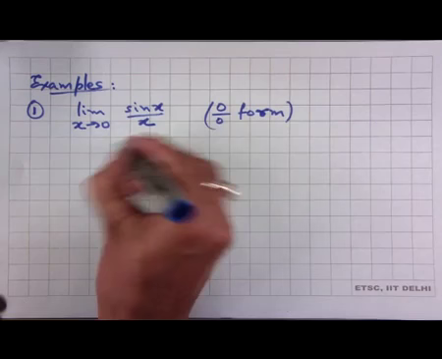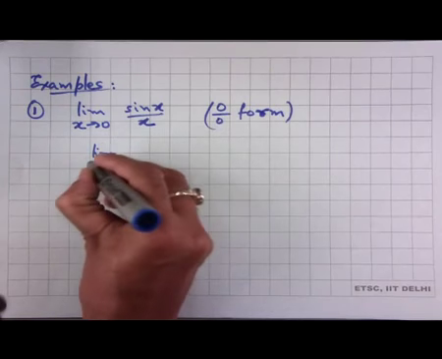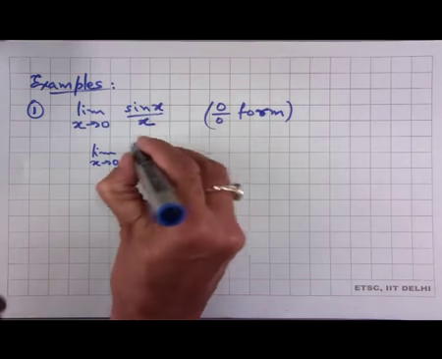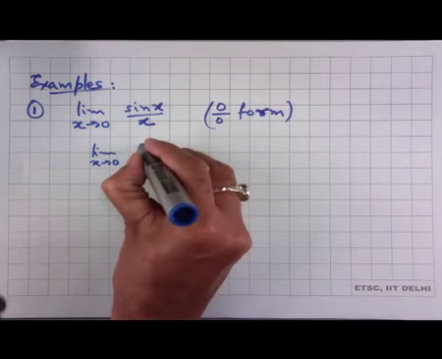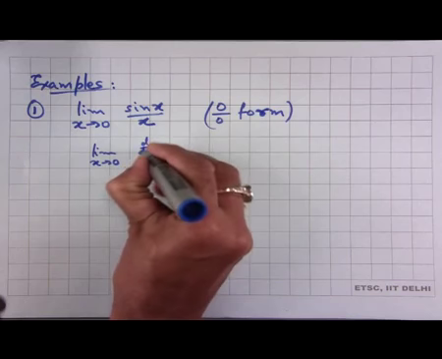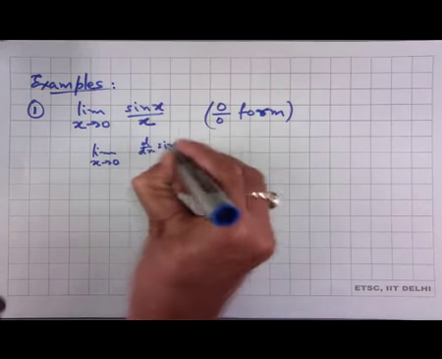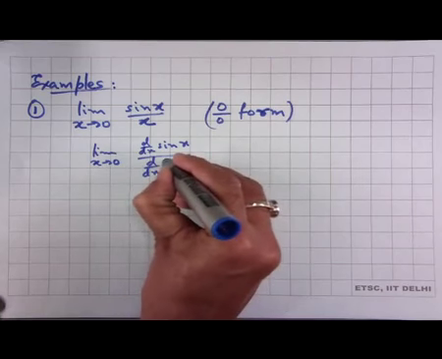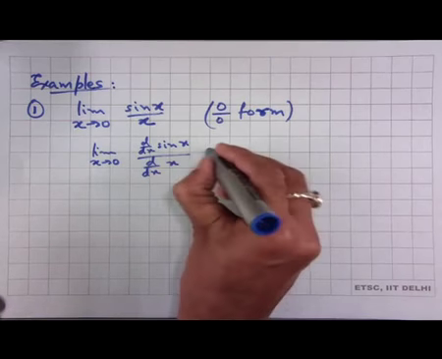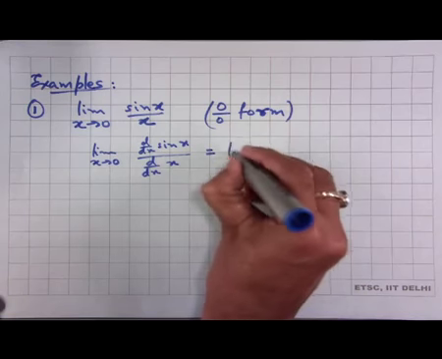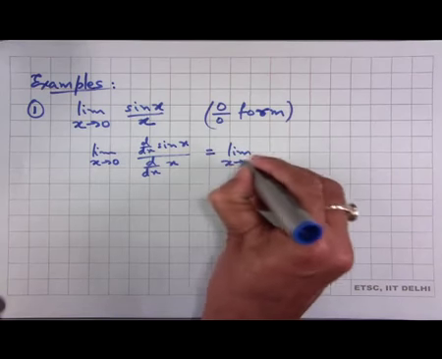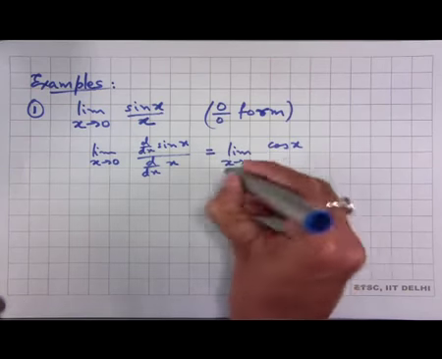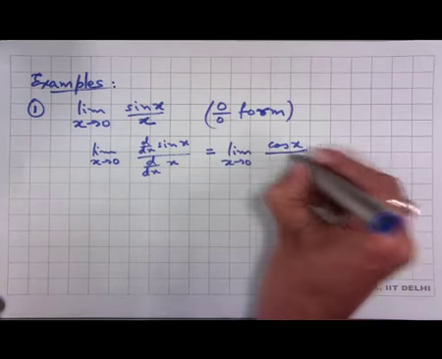Now, if we look at the limit as x goes to 0 of the derivative of sin x by d/dx of x, then this is equal to the limit as x goes to 0 of, the derivative of sin x, which we know is cosine x, and the derivative of x is 1.